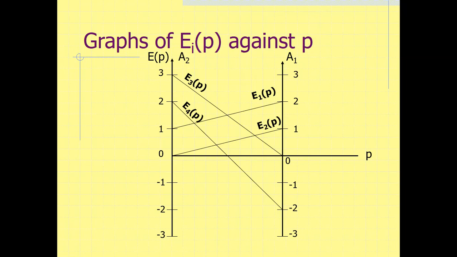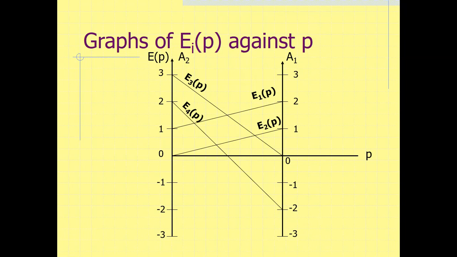Thus, to draw graphs of E1, E2, E3, etc., we only consider the values in the payoff matrix for different strategies of B. Thus, to represent B's first strategy B1, we join 2 on scale A1 and 1 on scale A2 given in the payoff matrix for strategy B1.